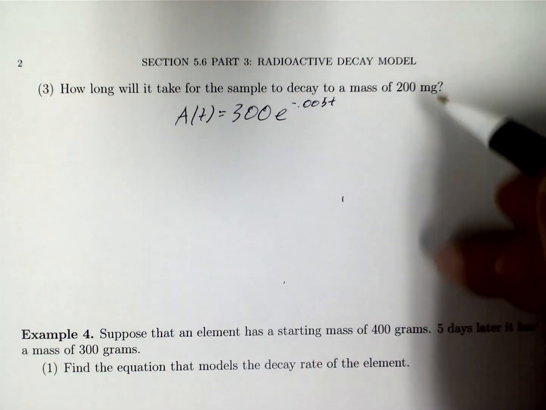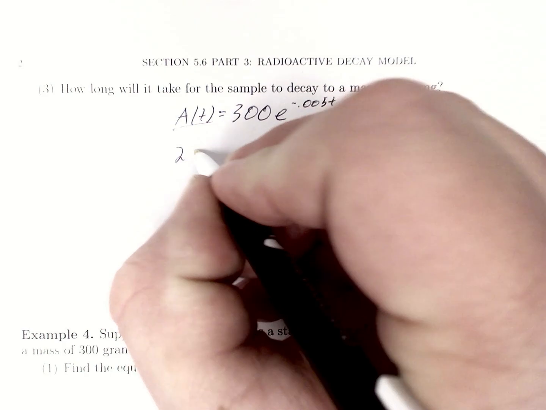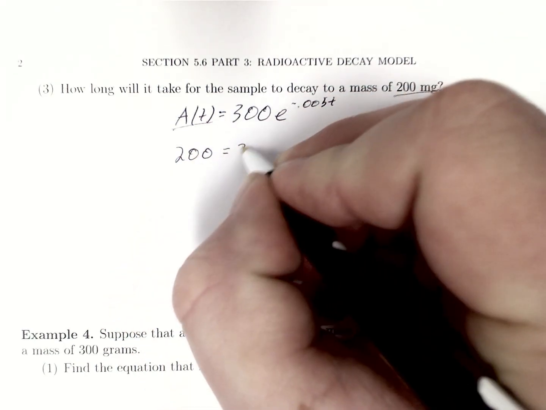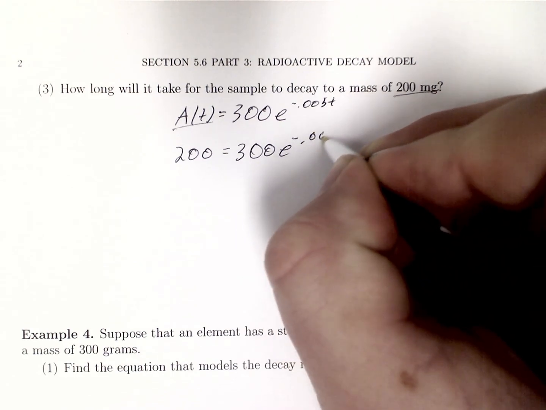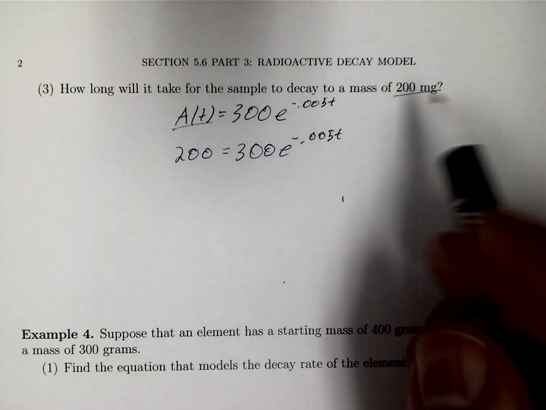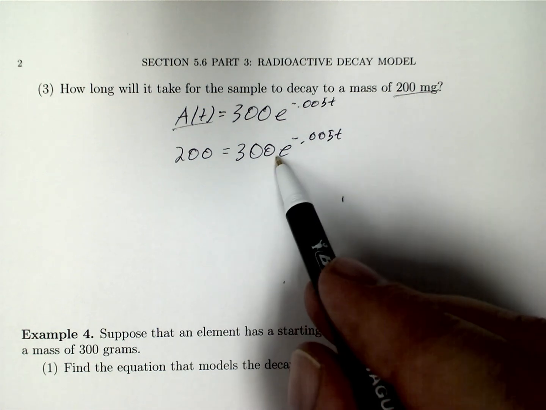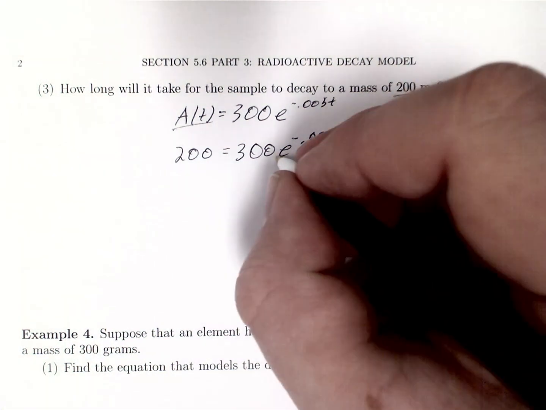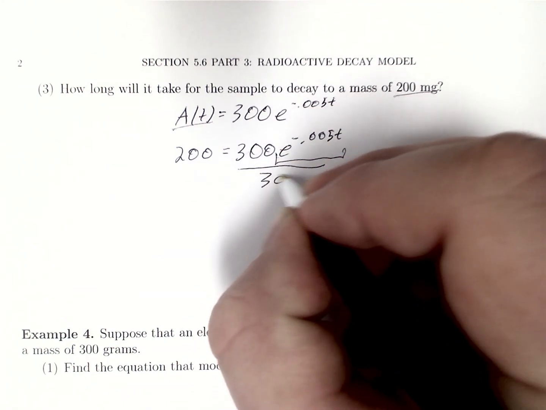And we're trying to find out how long will it take to get to a certain amount. So 200 equals 300 e to the negative 0.005 t. So this is the other flavor where we set the whole thing equal. Now we need to solve, so that means we need to isolate the exponential.